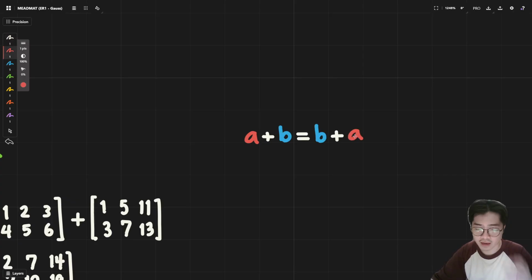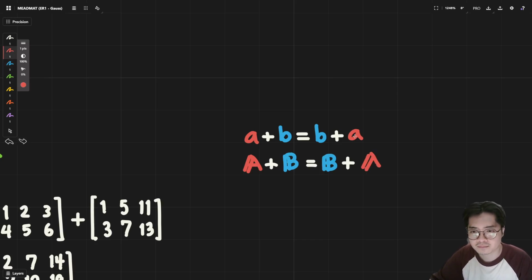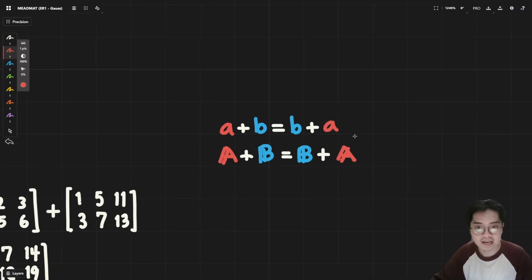This is our way of telling ourselves that, even if it's a number or a matrix, order does not matter when it comes to addition. So even if it's just a number or a matrix, this is still going to hold as true. Besides that, we will have the associative law.